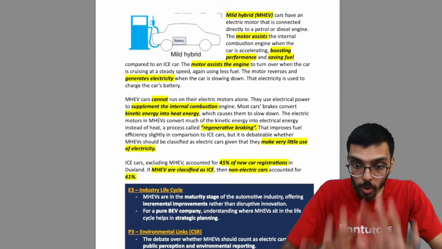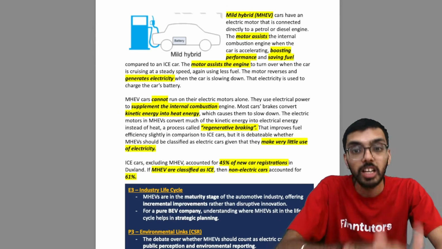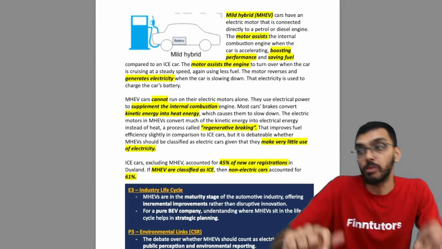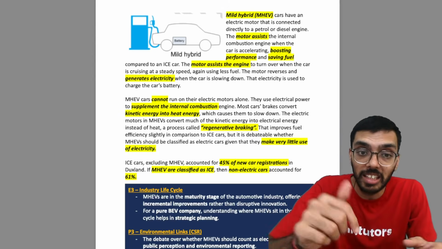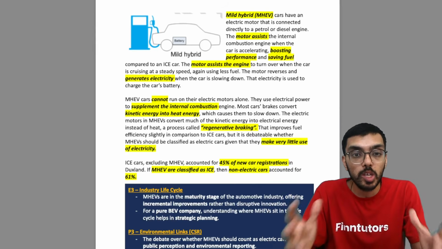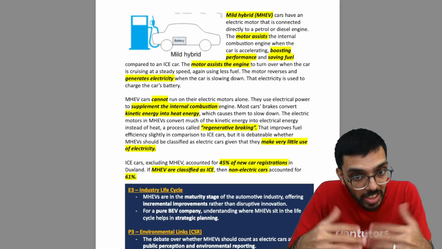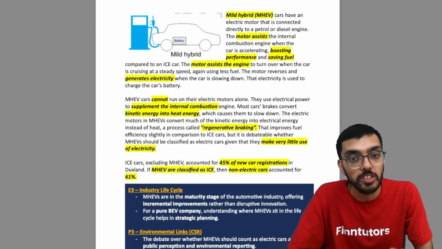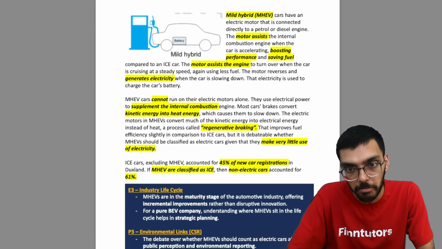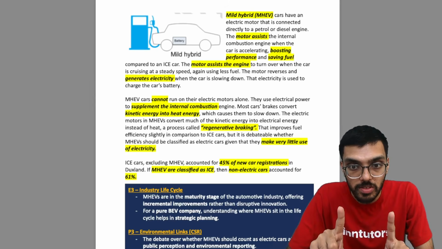So whenever you slow down, whenever you are braking, this kinetic energy is converted to electrical energy rather than heat energy because of the system that has been set, because of the technology that these cars use, and this is called regenerative braking. This happens only in mild hybrids.